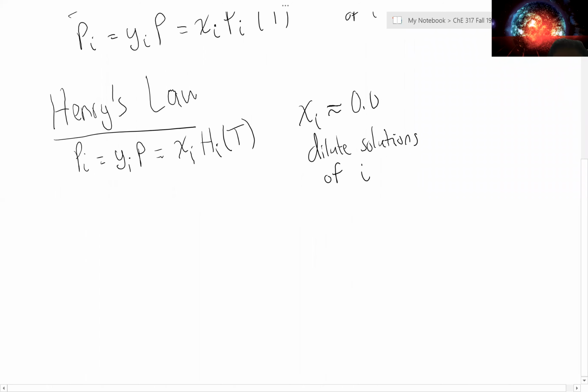So let's look at an example applying some of this information in terms of considering multi-component systems.